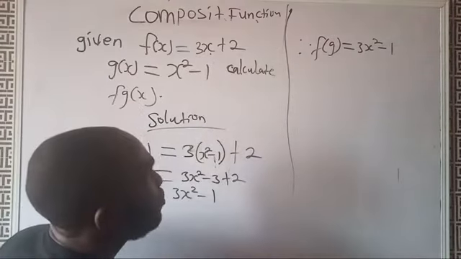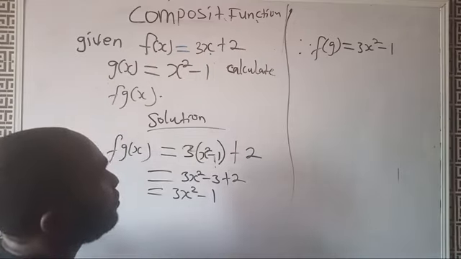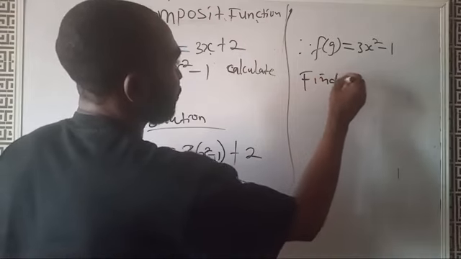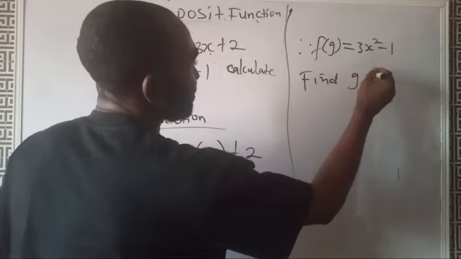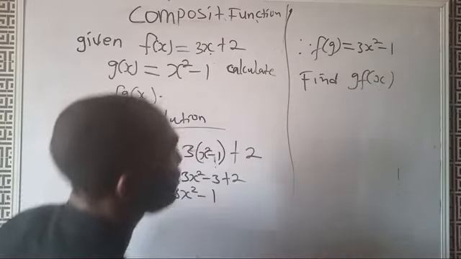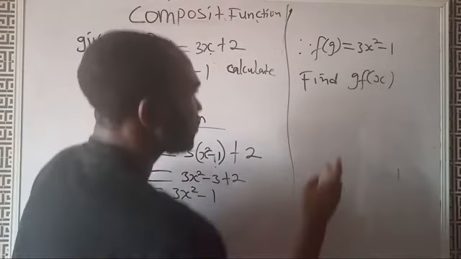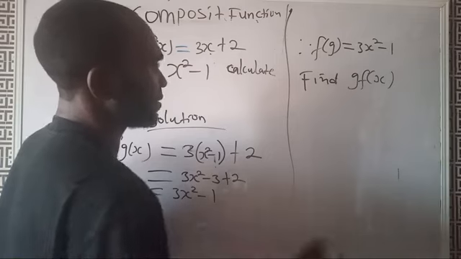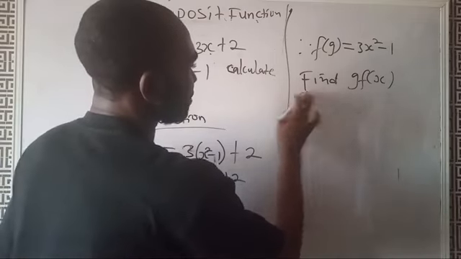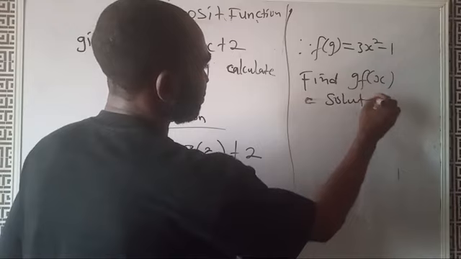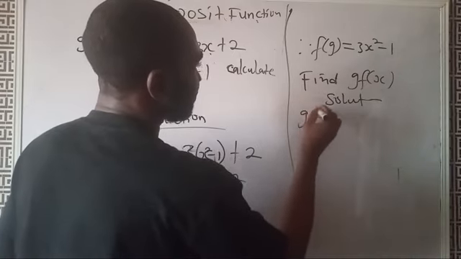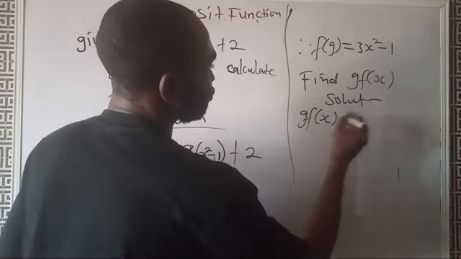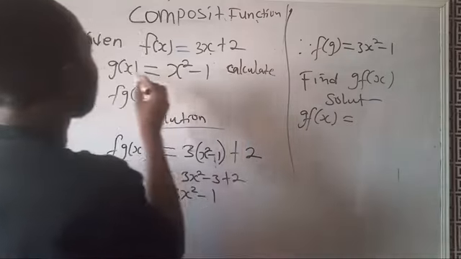In a situation where the question says you should find g of f of x, which means f is inside of g of x, I will now write g of f of x is equal to, I'll first write the function for g of x.